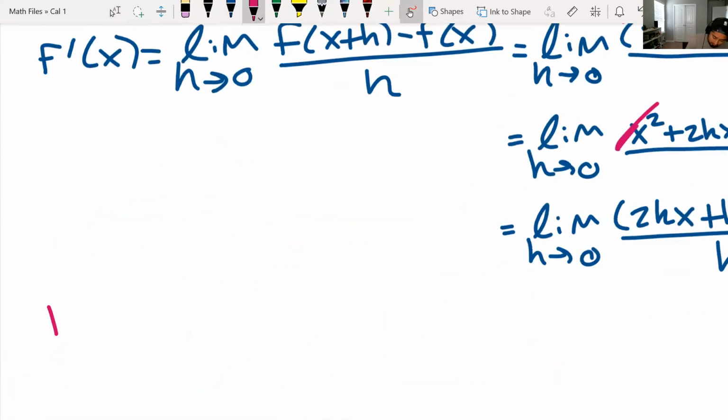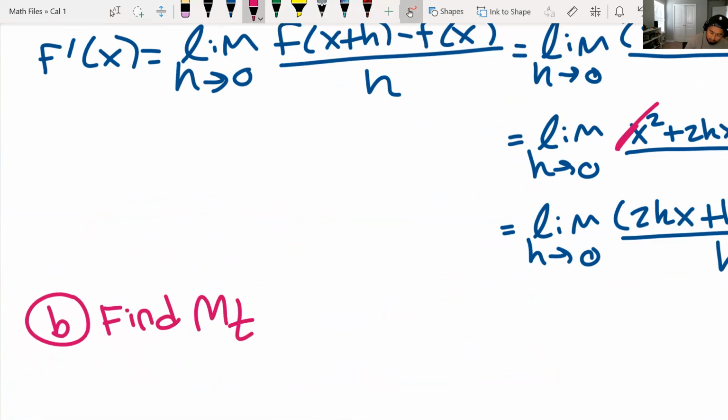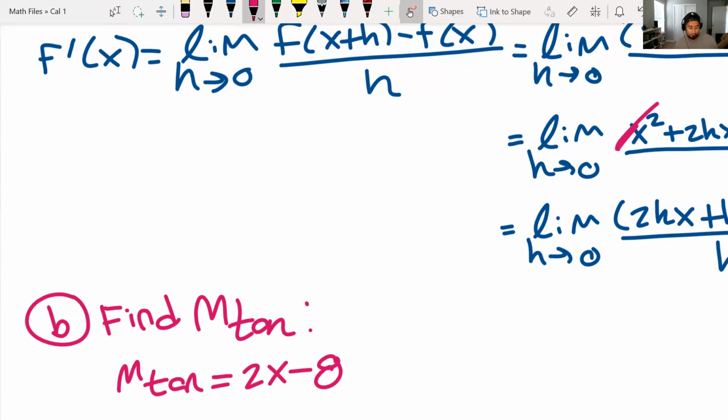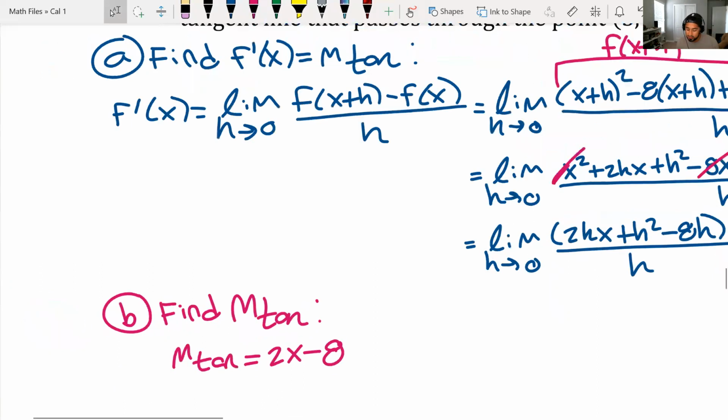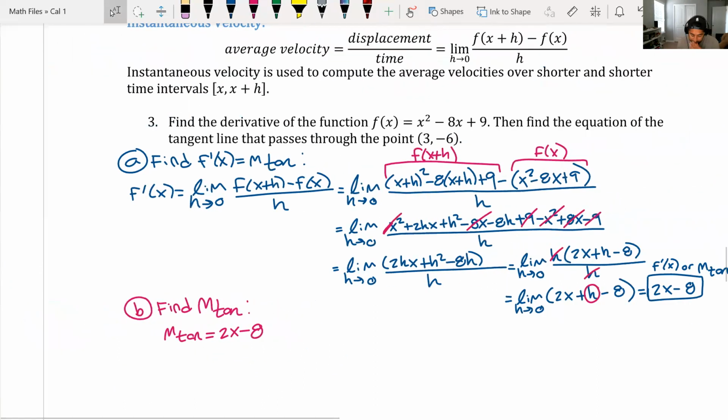So part B: find M tangent. And we know that M tangent is given by 2x minus 8.